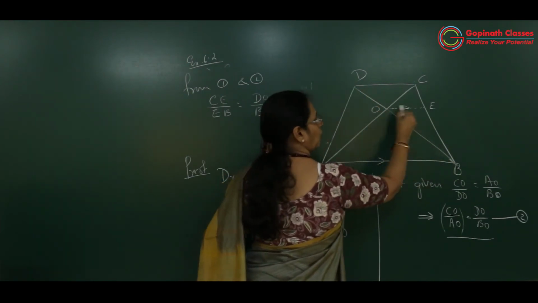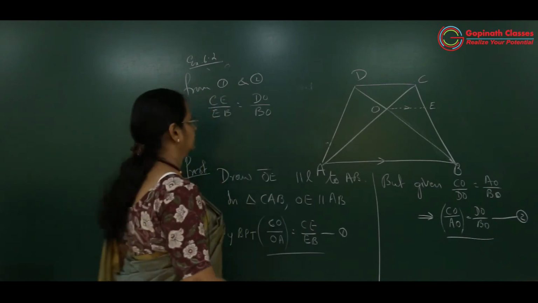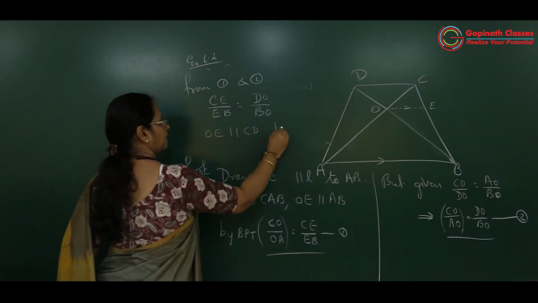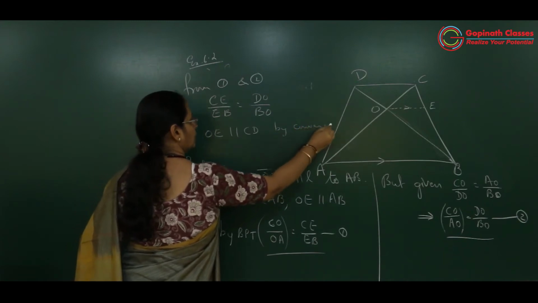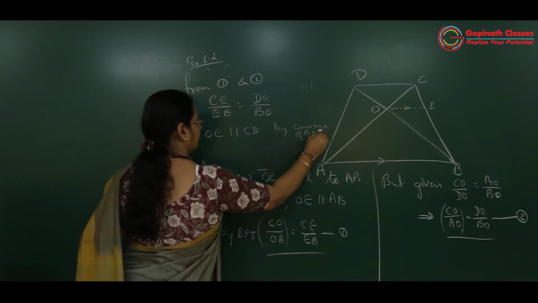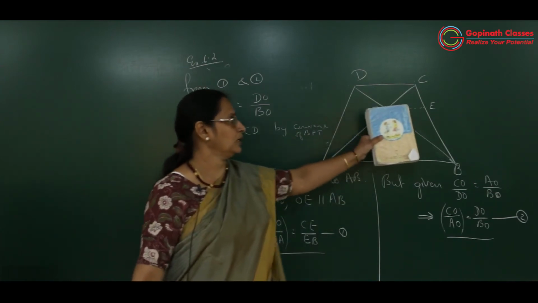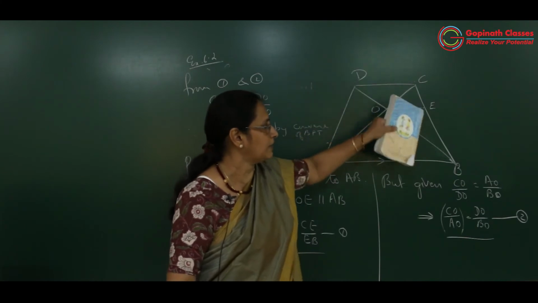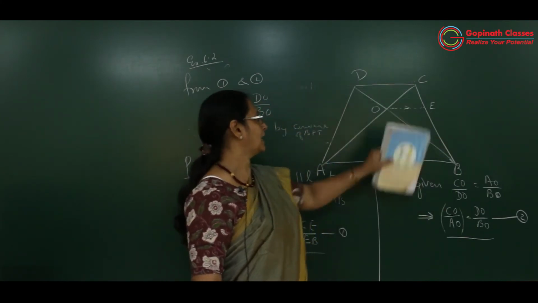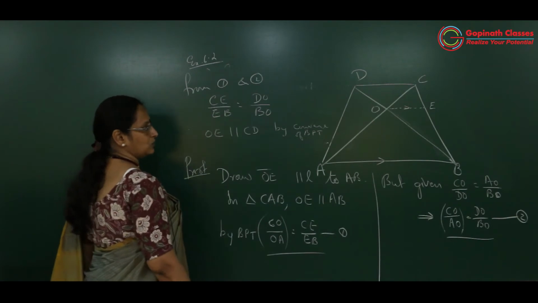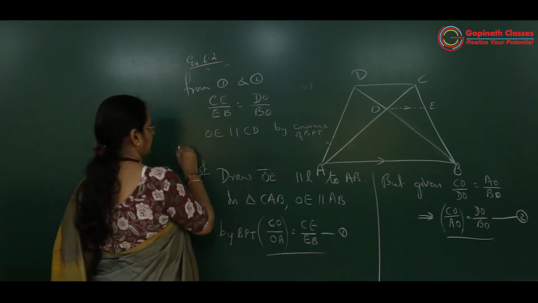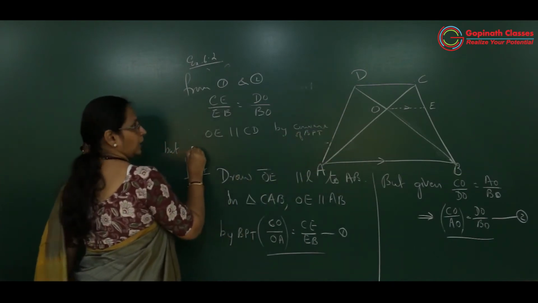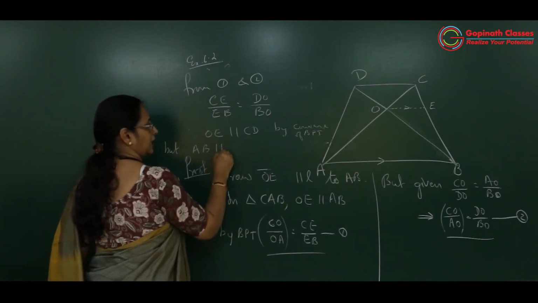What does it mean? OE is parallel to CD, by converse of BPT. If ratios are equal, DO by OB is equal to CE by EB, so OE is parallel to DC. Already AB is parallel to OE.